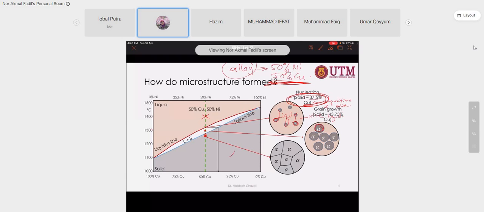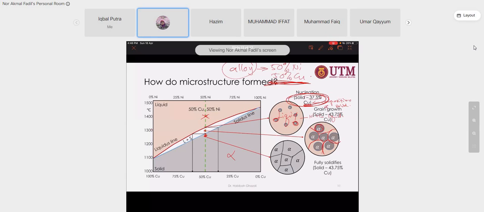Let's say we name the solid alpha. So you can see the grain boundary form. How does the grain boundary form? When the grains grow larger, they will meet at the grain boundary, fully solidified.